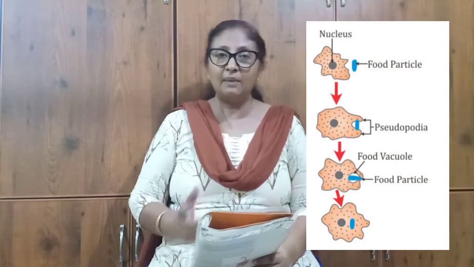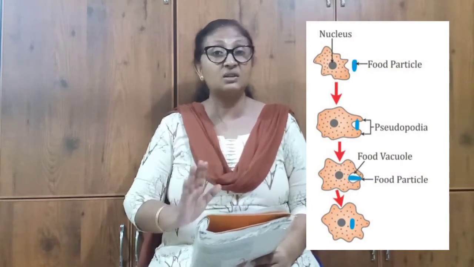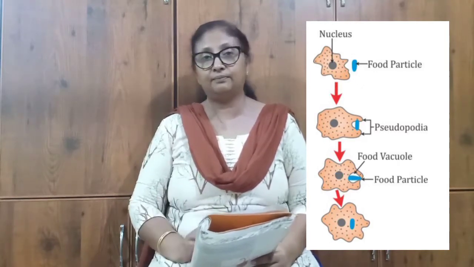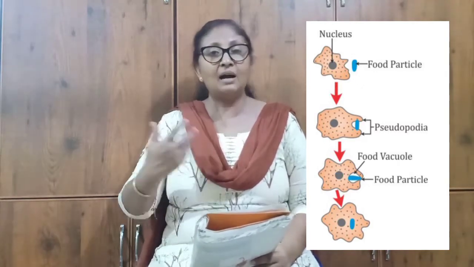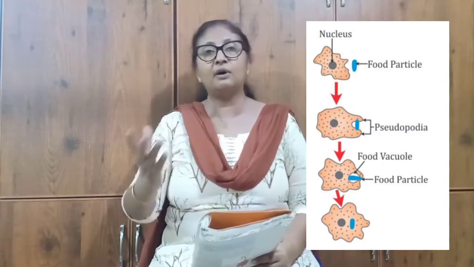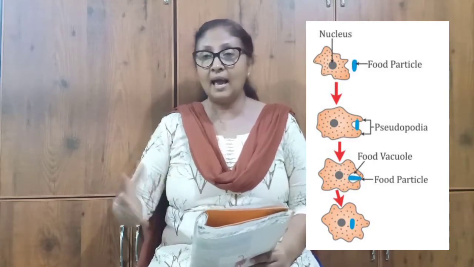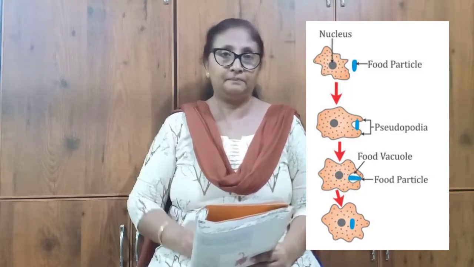Let us see what mode of nutrition the amoeba follows. Amoeba is a unicellular organism which does not have a definite shape. When amoeba comes in contact with the prey, it puts forward finger-like projections called pseudopodia and engulfs the prey.